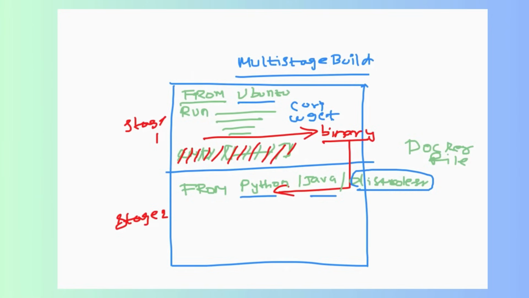So this specific stage 2 will only have the Python runtime base image, plus you will copy the artifact binary from this step to here. What you will do is simply use the same copy command, but you will say --from, and you will mention the alias from Ubuntu, as build, for example.